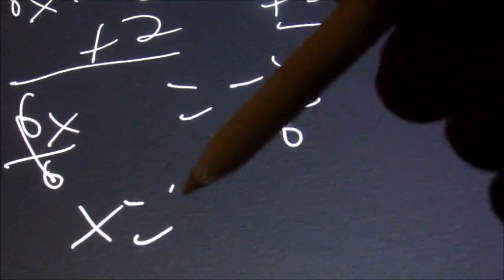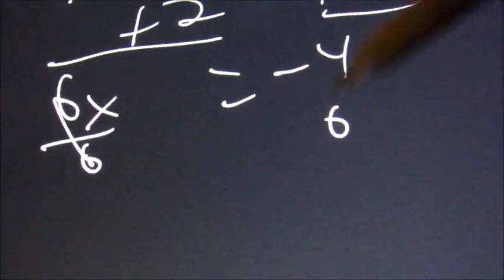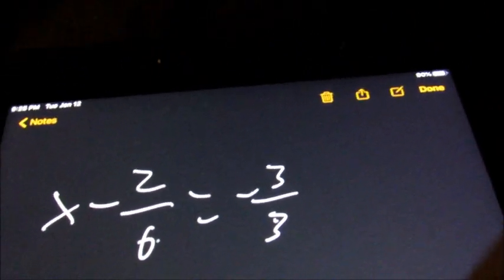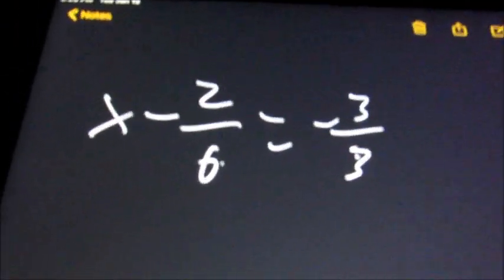So another way that you could possibly do this one is like this. I'm going to go back to the original. And I'm just going to add the 2 over 6 to both sides.